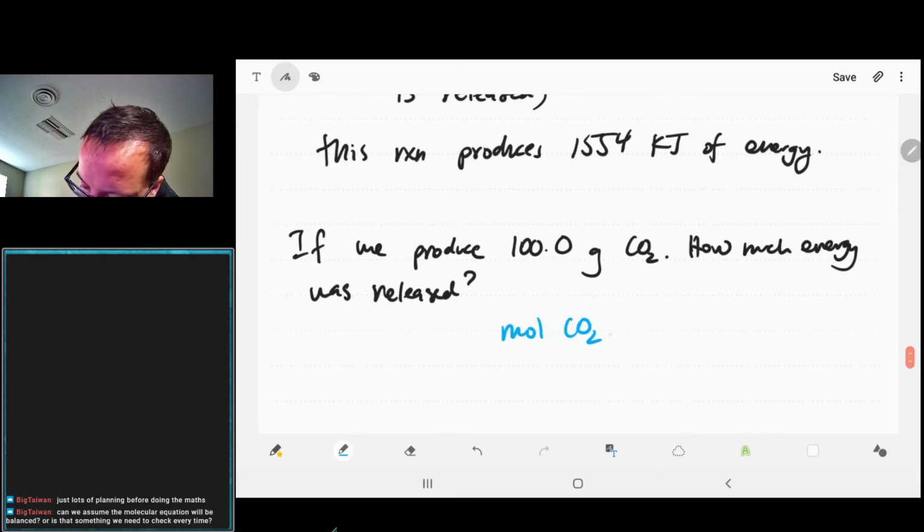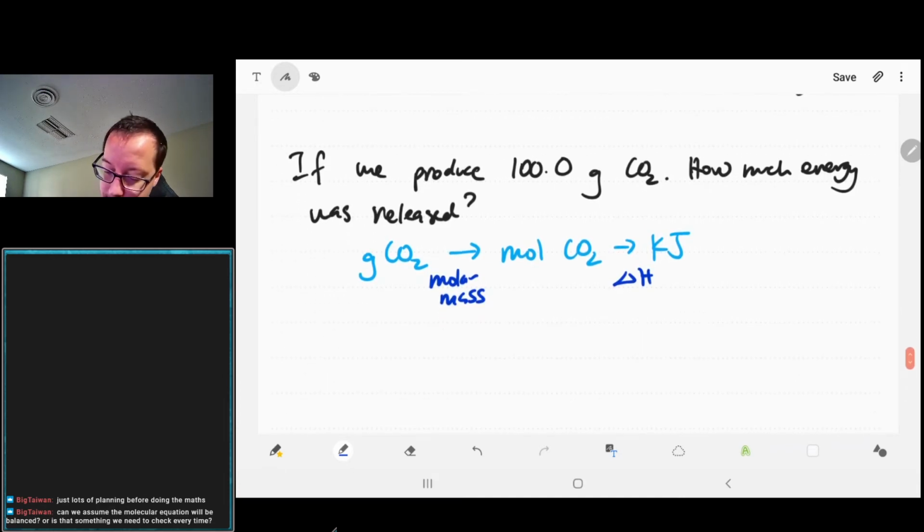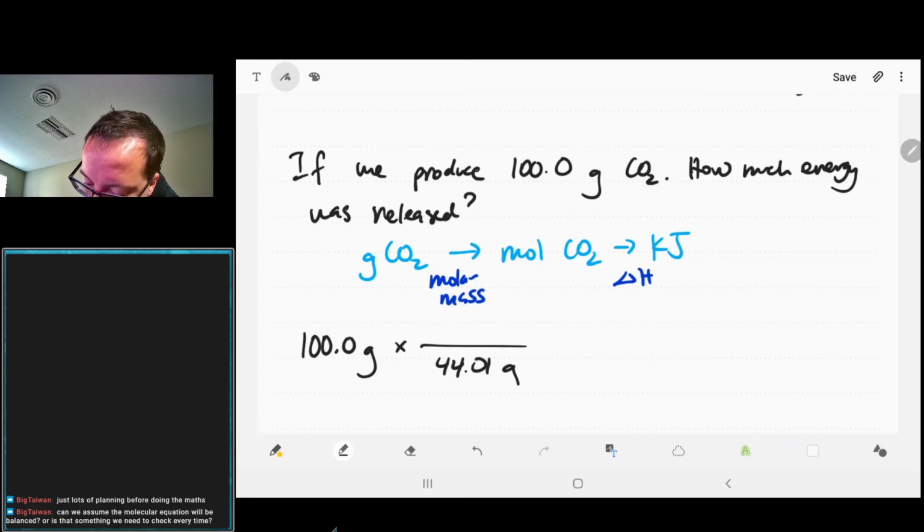So we can go from moles of carbon dioxide to kilojoules. And we're given grams to start, so we can do this. We have delta H there, molar mass here. If we zip through this, 100 grams. Carbon dioxide's molar mass is 44.01.